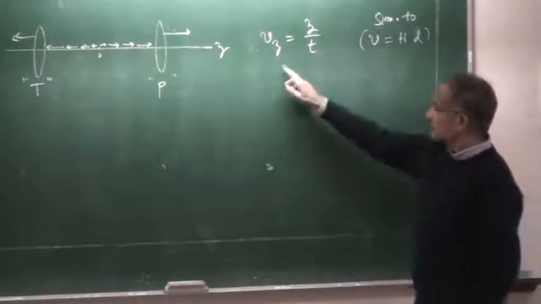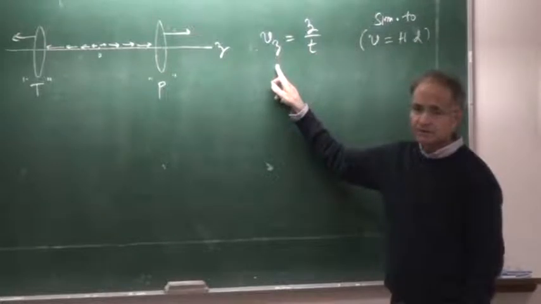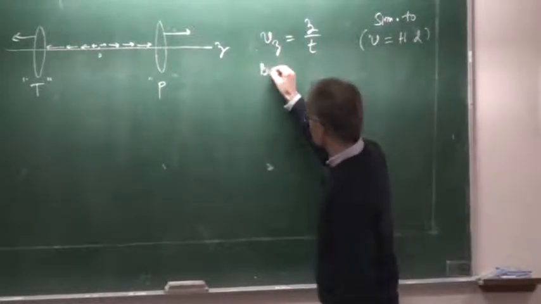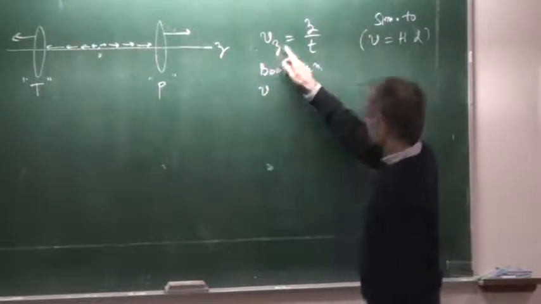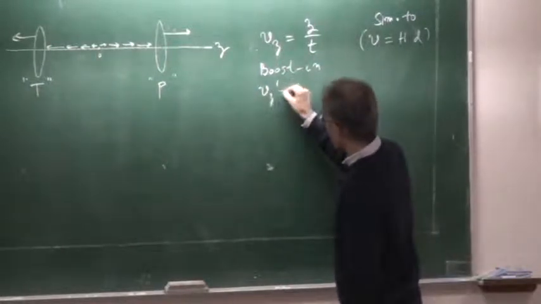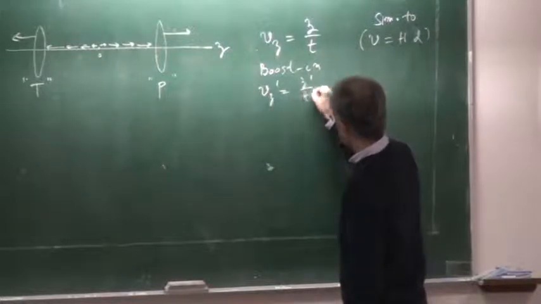You can check that this is a boost invariant prescription. Which means if v_z is this, then v_z prime is z prime upon t prime.